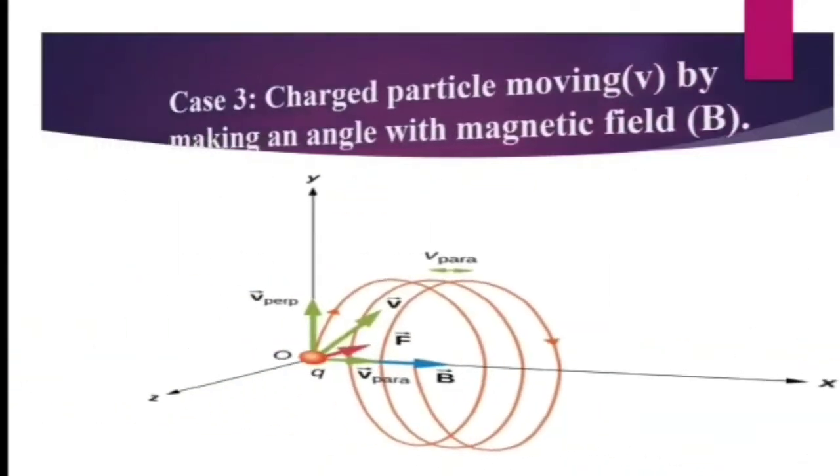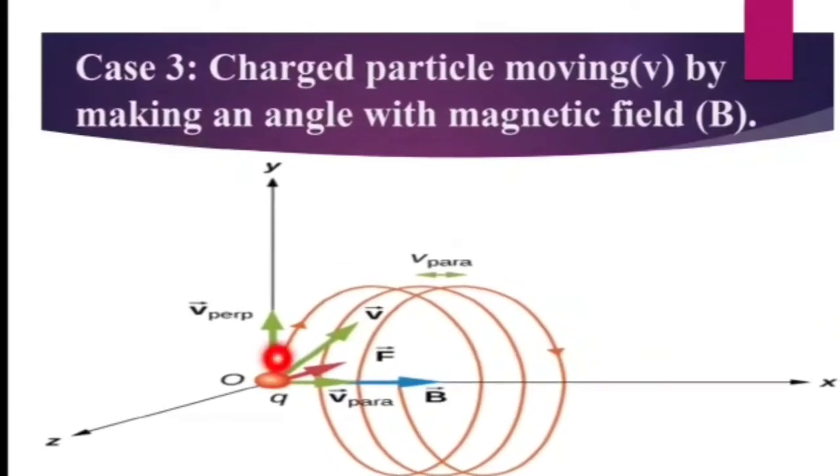So this is what is meant by resolution of a vector. Following this resolution of a vector, you can see that here the velocity vector is making an angle with the magnetic field. So along the magnetic field it will have a component, and perpendicular to the magnetic field there will be a component for our velocity.